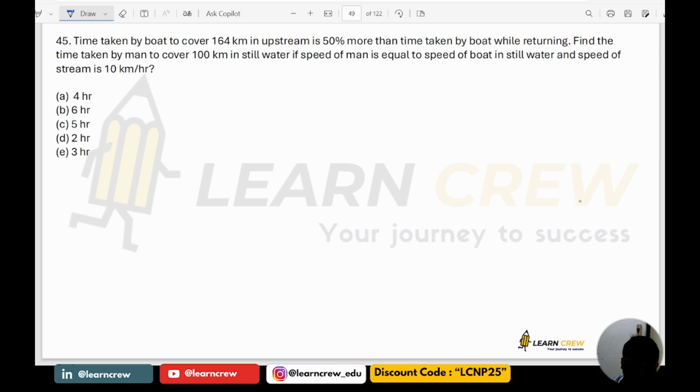Next, the time taken by a boat to cover 160 km upstream is 50% more than the time taken by the boat while returning. So 160 by x minus y upstream is 150% of 160 by x plus y downstream, so the ratio is 3 by 2.